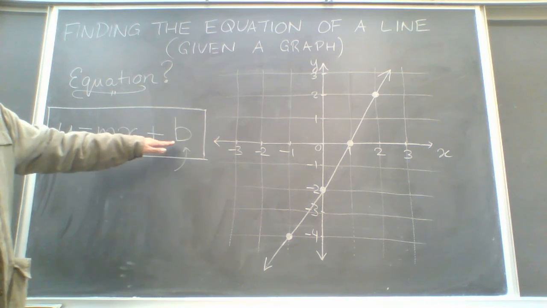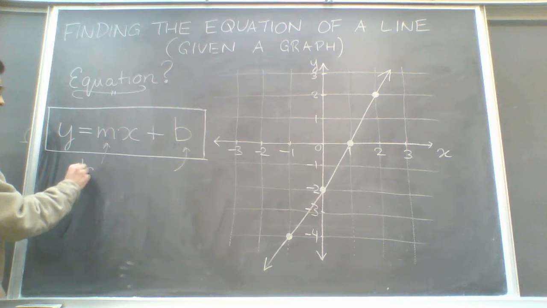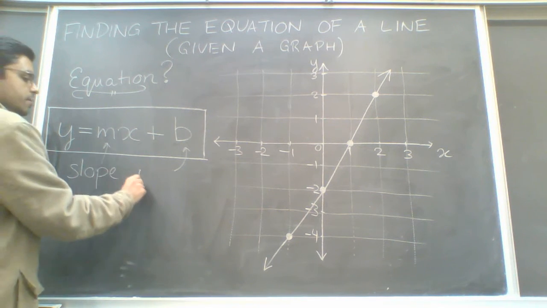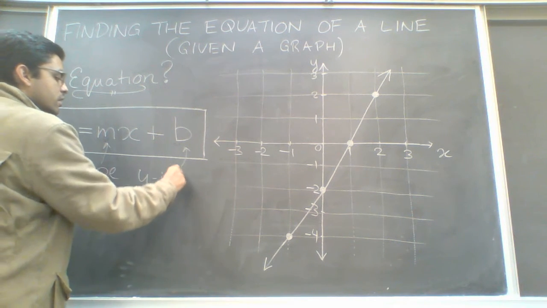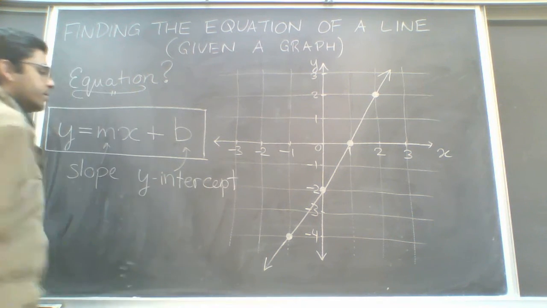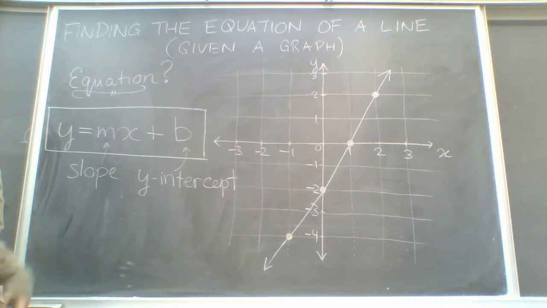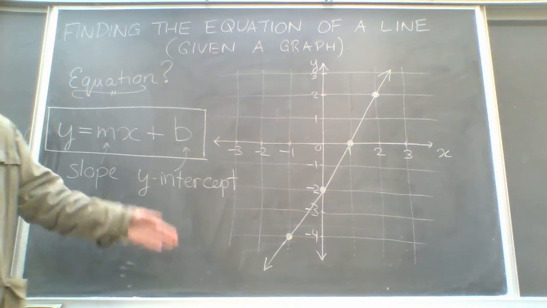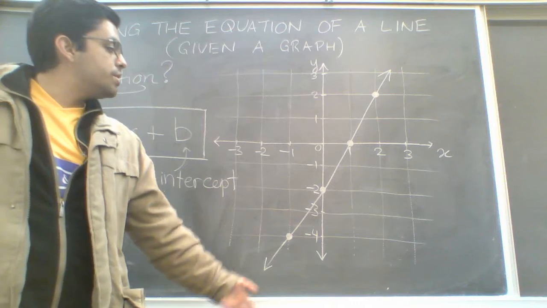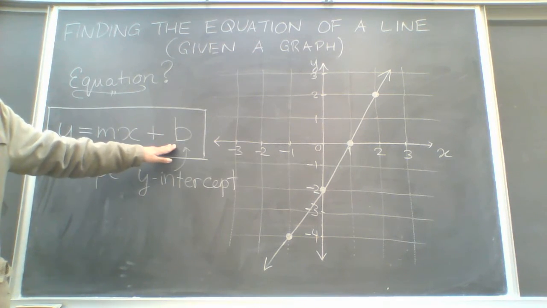If we had a value for b, the y-intercept, so I'll label these. So m is our slope, and b is our y-intercept. So if we had a value for b, if we had a value for the y-intercept, it tells us where on the y-axis we should be plotting a point, right? That's the job of this number at the end here.